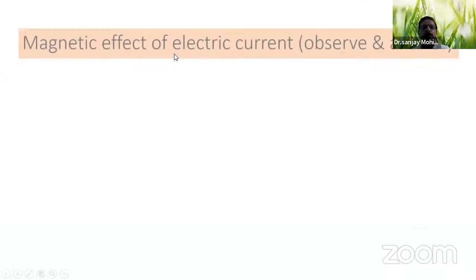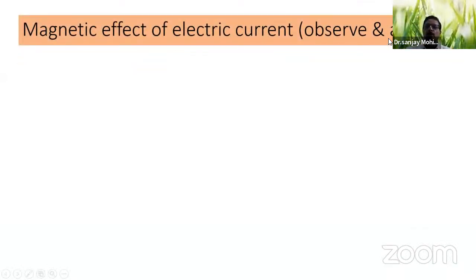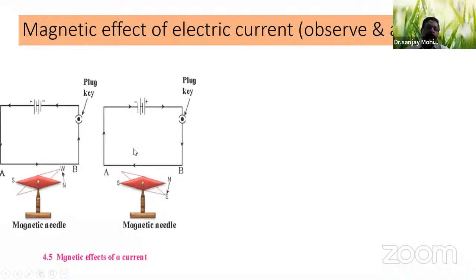Now here we are going to observe some questions based on the diagram. Here we can see two diagrams are shown.